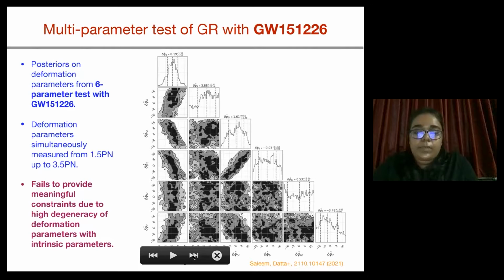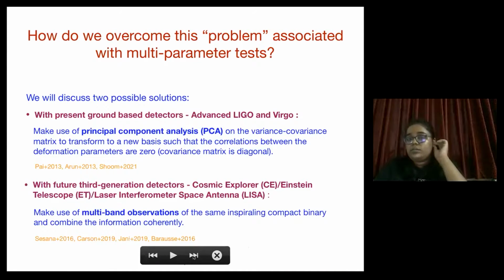So how do we overcome this problem associated with the multiparameter test? We could actually take two roads. Given our present detector sensitivities with Advanced LIGO and Virgo, we can use the method of principal component analysis, where you basically transform to a different space where your bases, or these new parameters, are uncorrelated among each other.